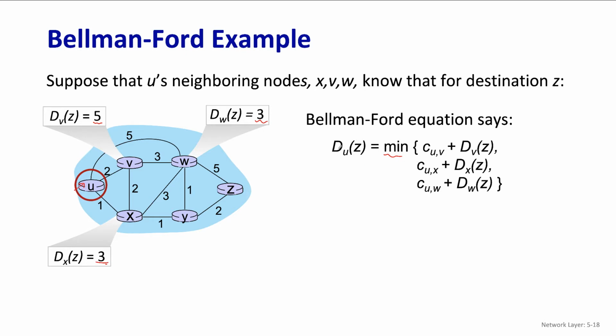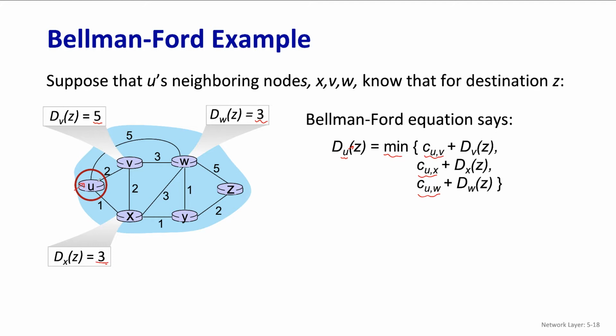Now we want to go from u to z. The first thing to do is to go with the direct links to u, so the direct links are from u to v, u to x, and u to w.